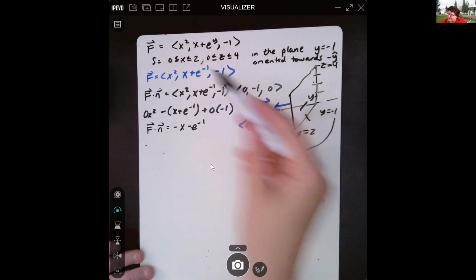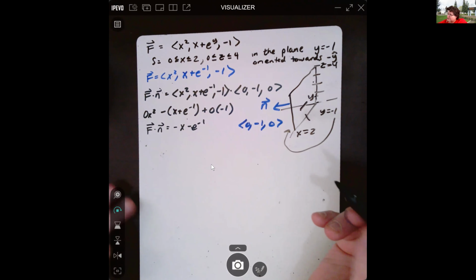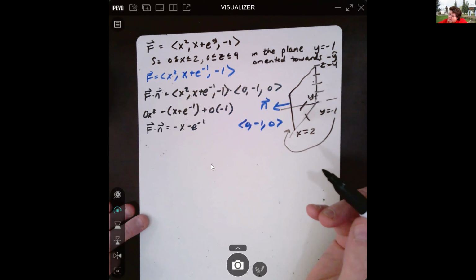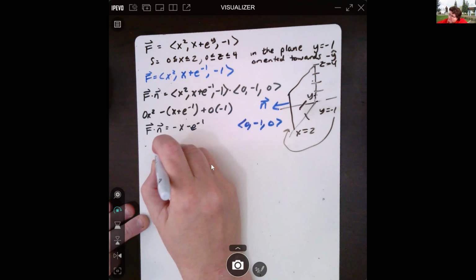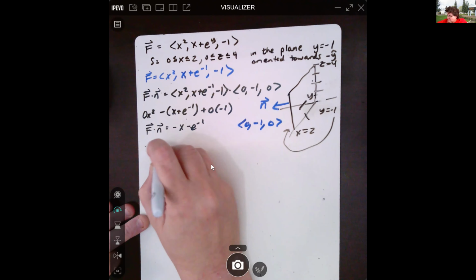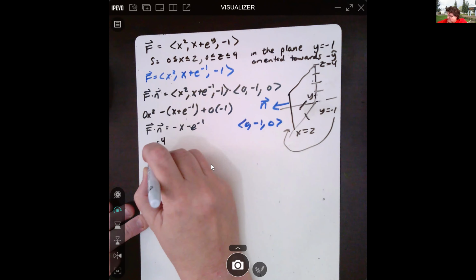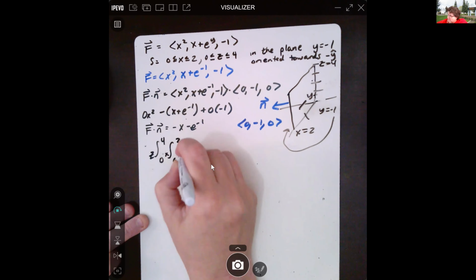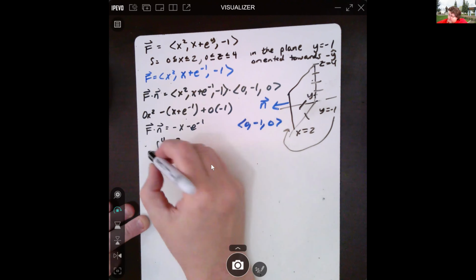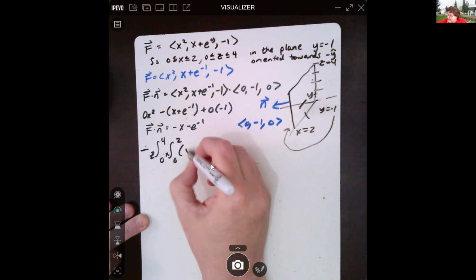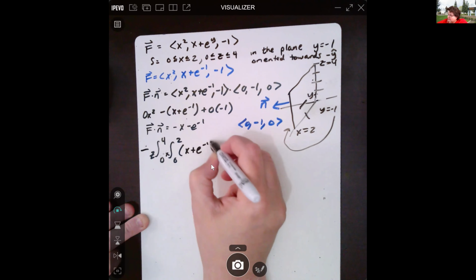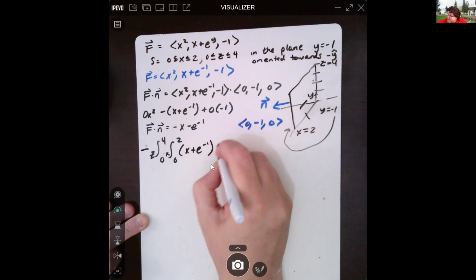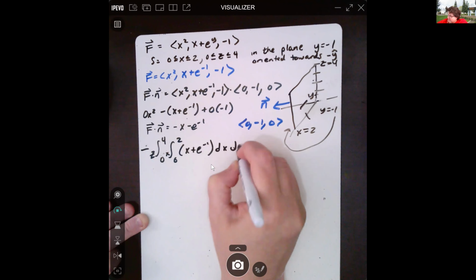And we have our bounds given to us, 0 to 2 and 0 to 4. I could put the negative out front and leave this as x plus e to the negative 1, and I've got dx and then dz.